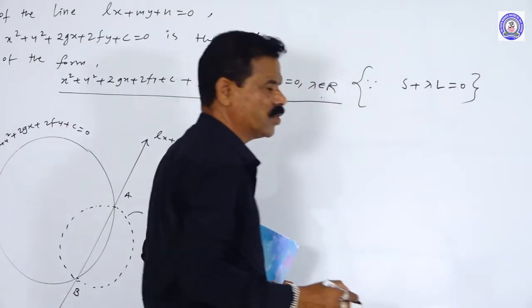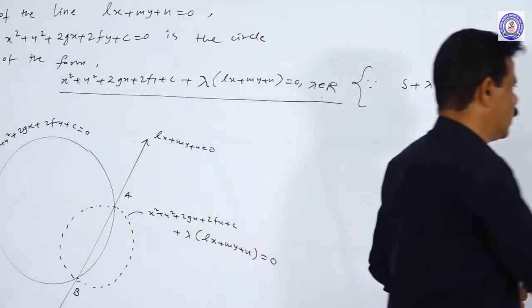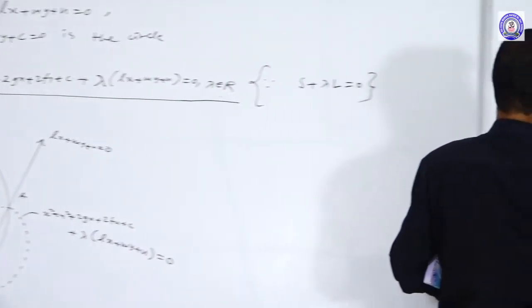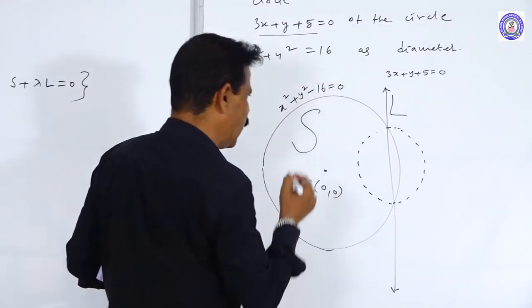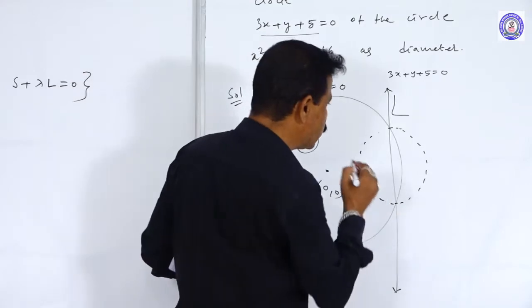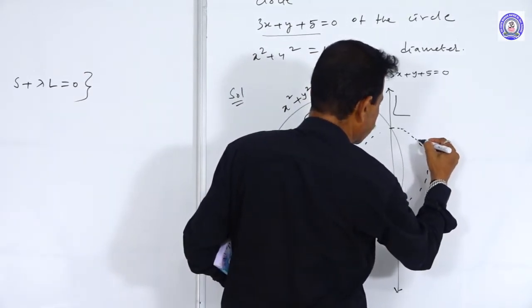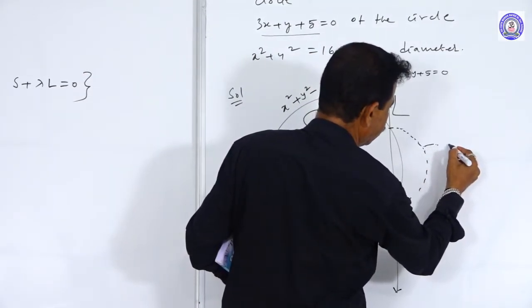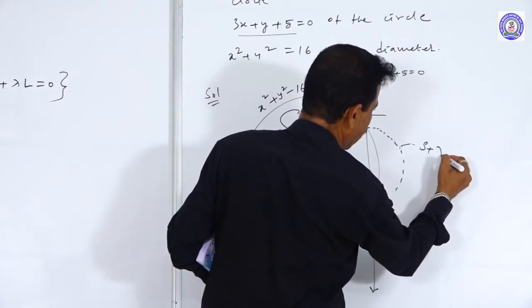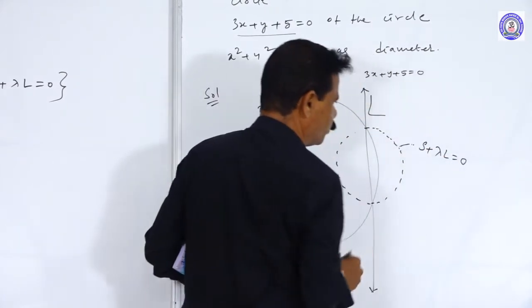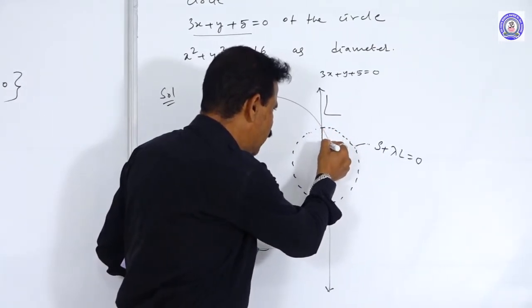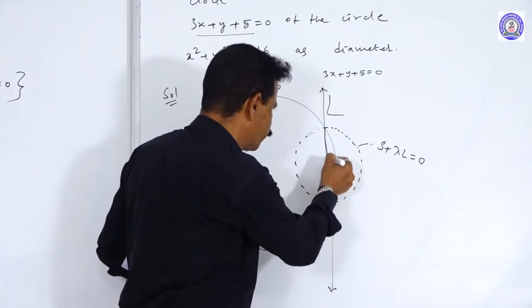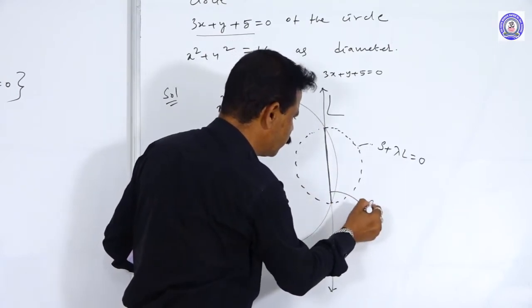This is S, this line is L. So the required equation of the circle is S plus lambda L is equal to 0. For this circle, this is the diameter.